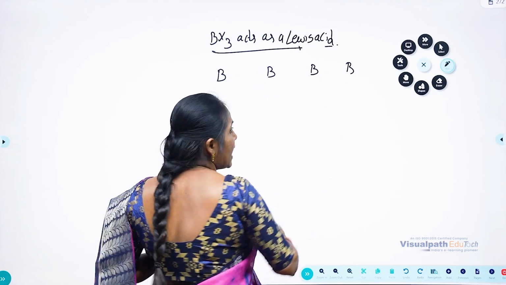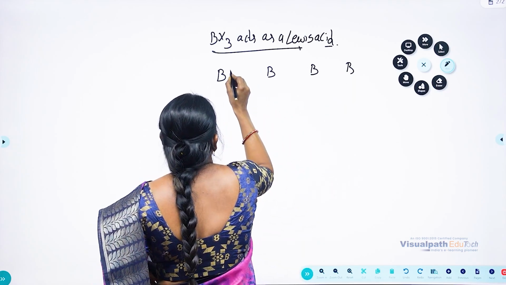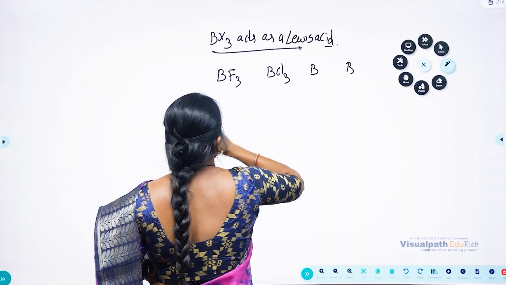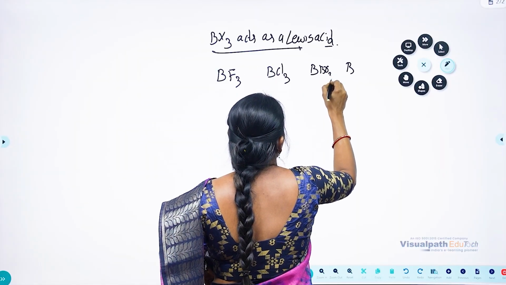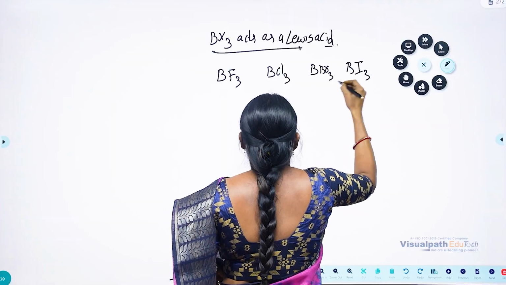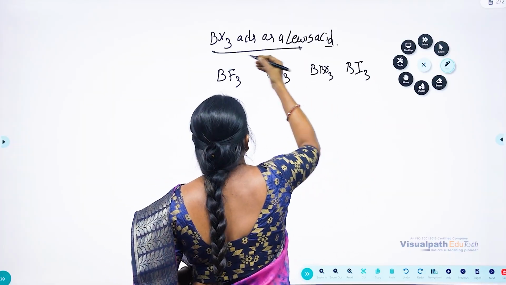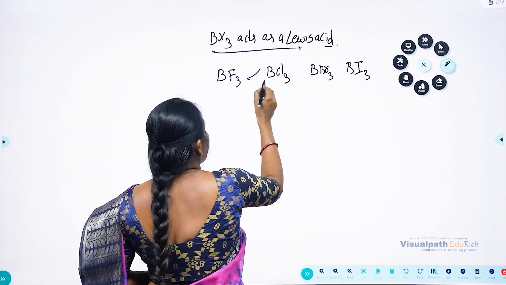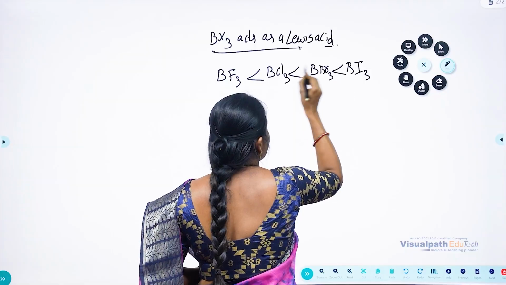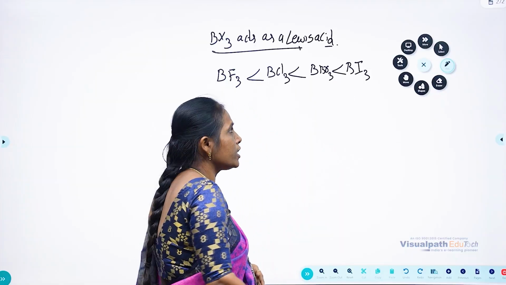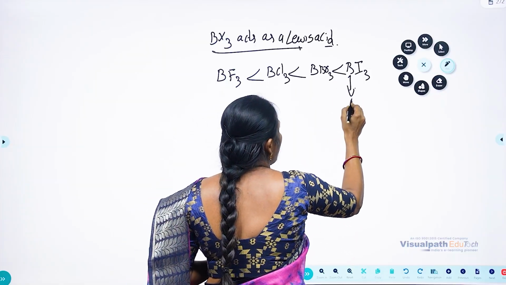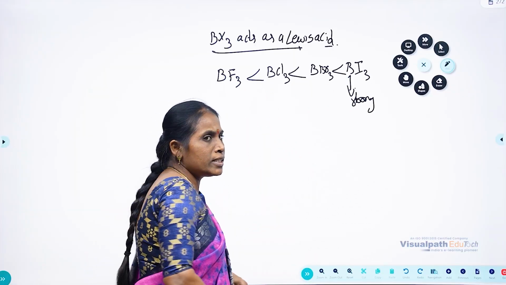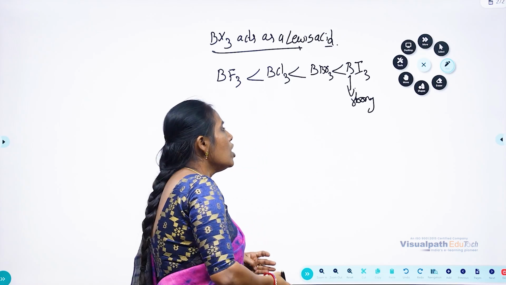Here X stands for halogens, the trihalides BF3, BCl3, BBr3 and BI3. Fluorine, chlorine, bromine and iodine are combined with the boron atom. So this is the order of acidity in the BX3 molecules, and BI3 is the strong acid, more acidic compared to BF3.